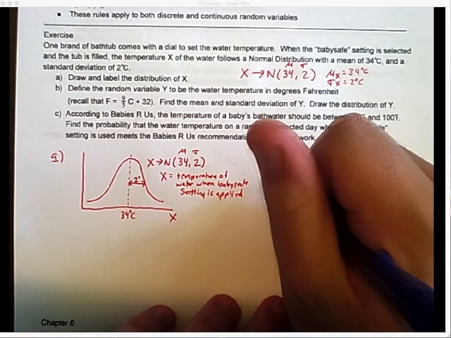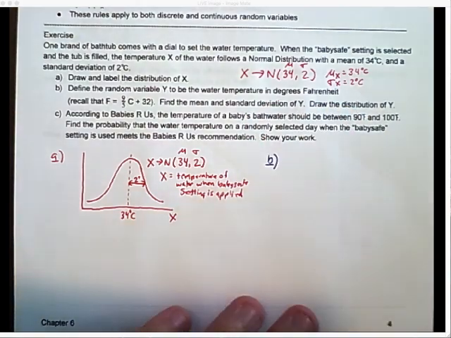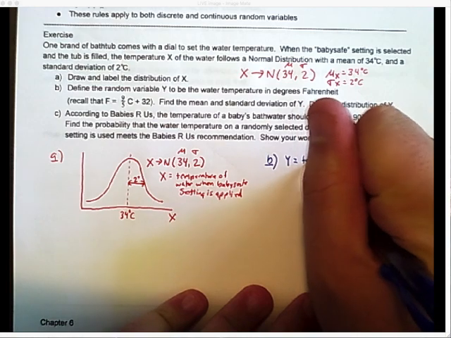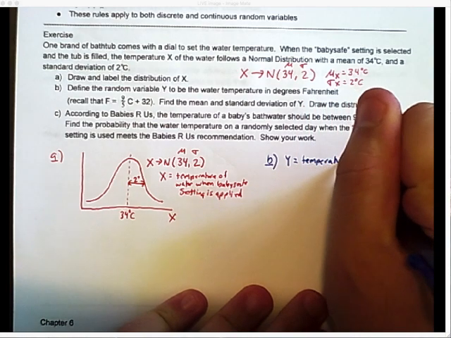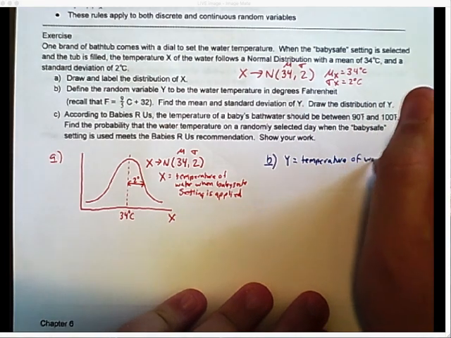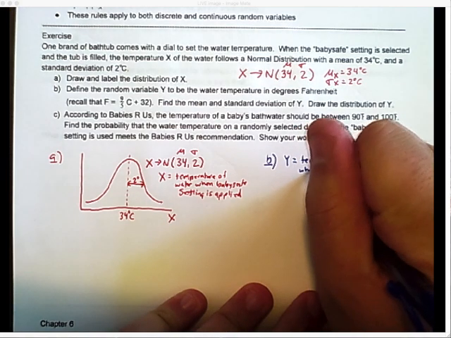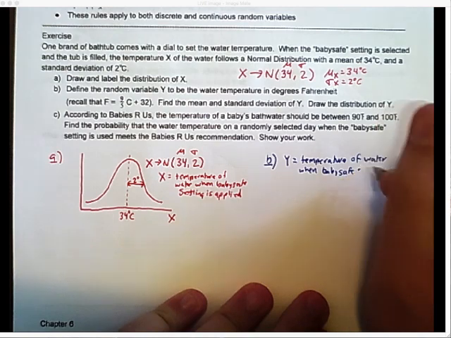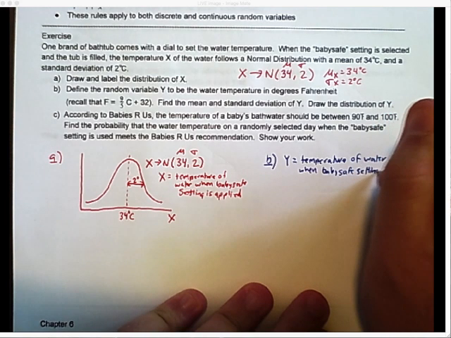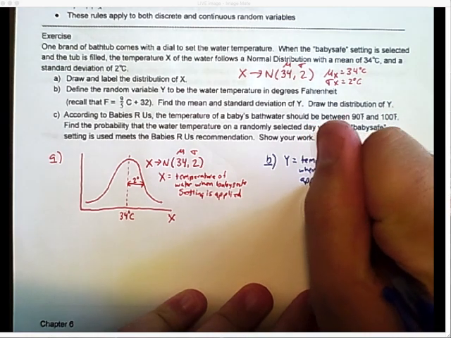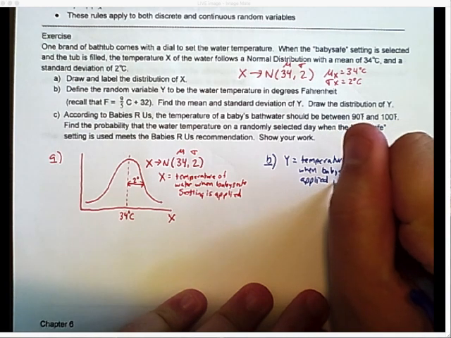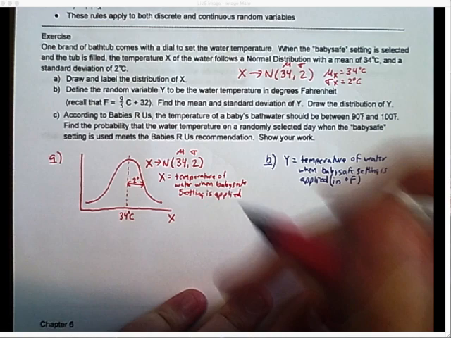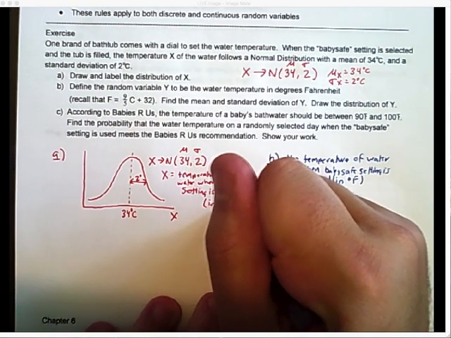So here in part B, y is the temperature of the water when the baby safe setting is applied. I should say in degrees Fahrenheit, because this one was in degrees Celsius.